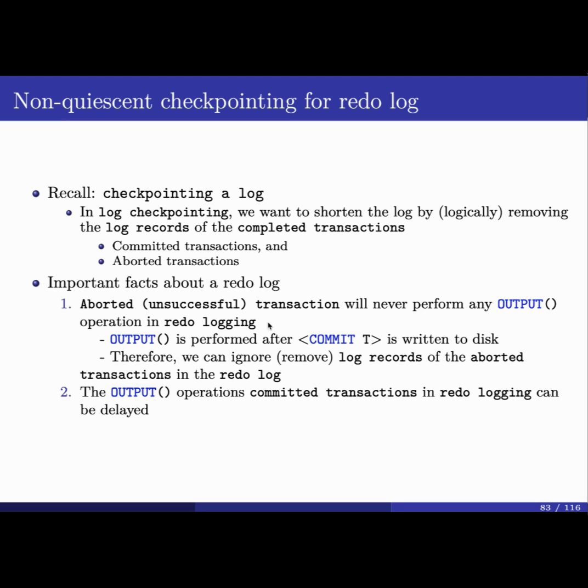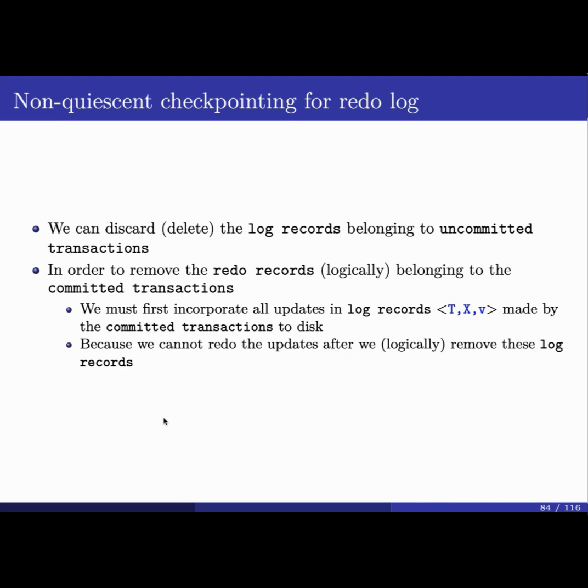Because remember, in redo logging, when your transaction tries to perform output, I'm not going to execute the output until I make sure the transaction is committed. Since the transaction is aborted, that means I don't have this output entry here. And again, the output operation of a committed transaction in redo logging can be delayed. That's what we did here. So let's see how we can do it right now.